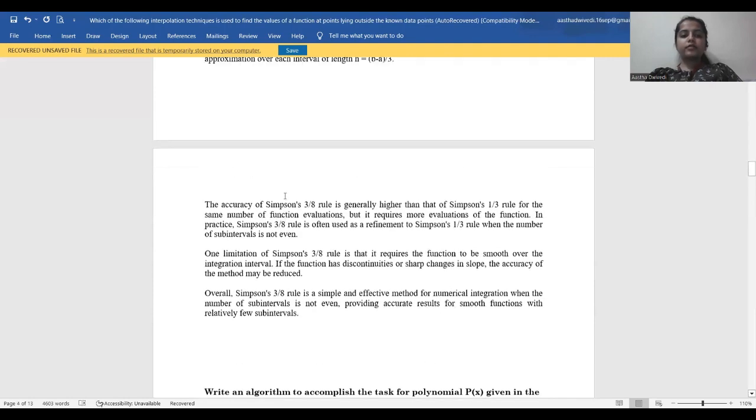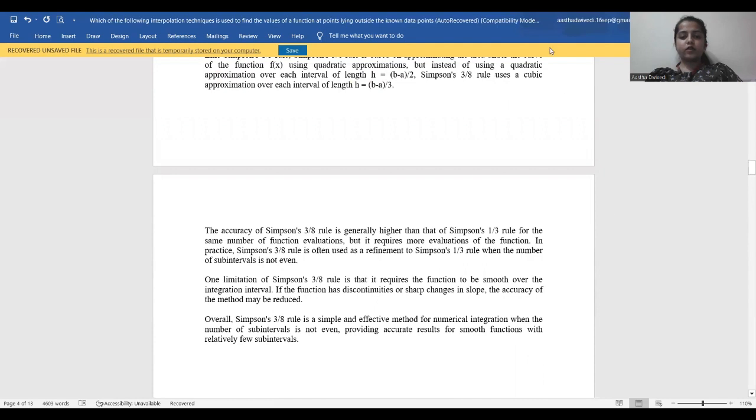The accuracy of Simpson's 3 by 8 rule is generally higher than Simpson's one-third rule for the same number of function evaluations, but it requires more evaluations of the function. In practice, Simpson's 3 by 8 rule is often used as a refinement to Simpson's one-third rule when the number of subintervals is not even.